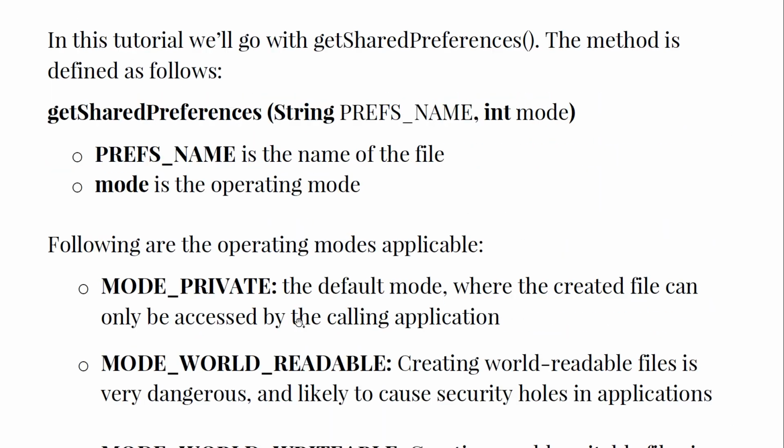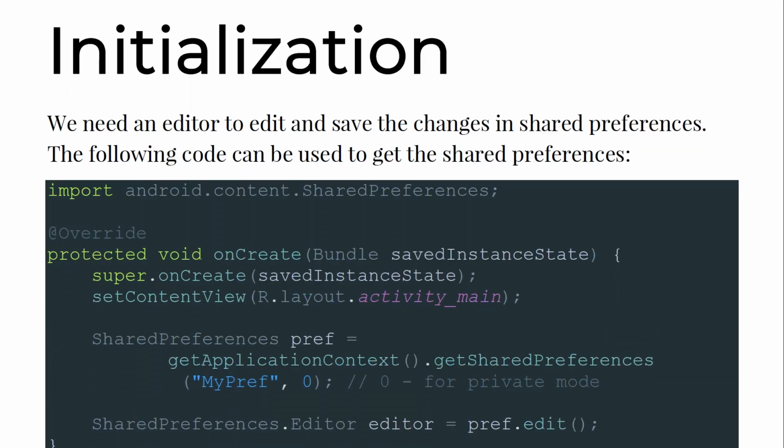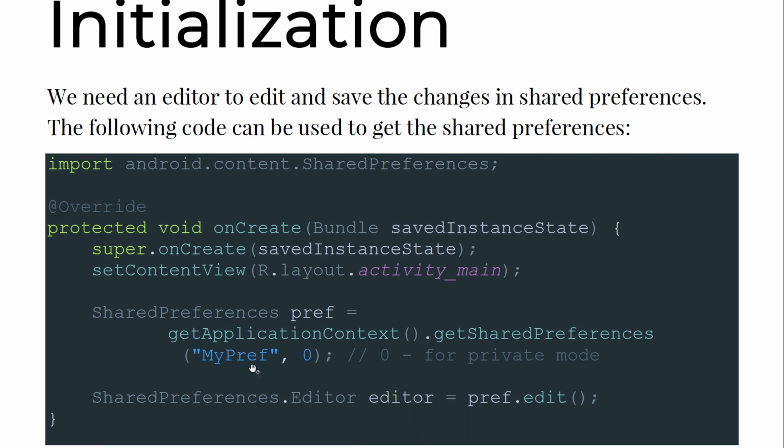As I said to you here, the mode is an integer value, and the string is the name of the SharedPreferences. So we have created here the string as the name of the SharedPreferences and the int as the mode of private, the value of the private mode.